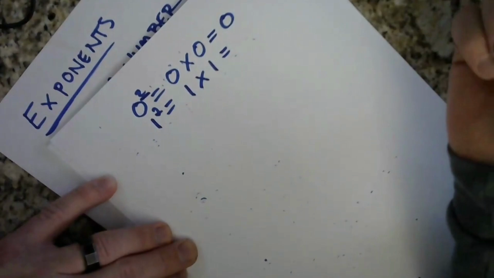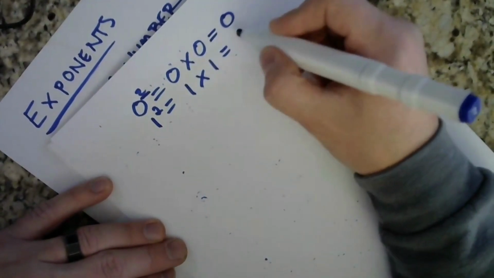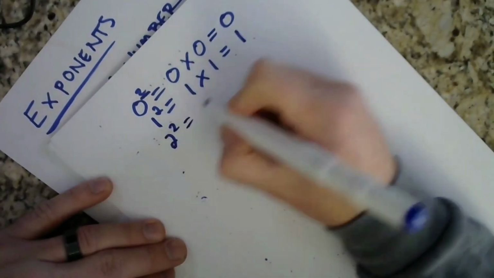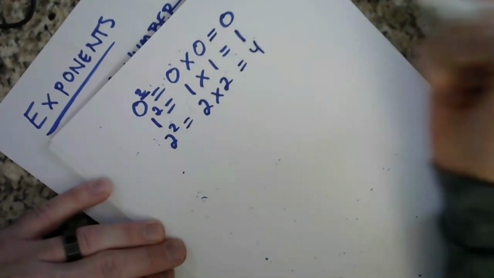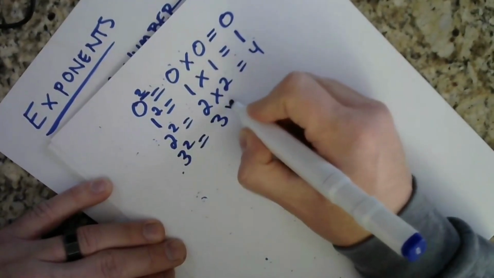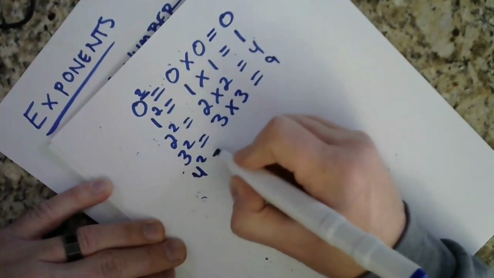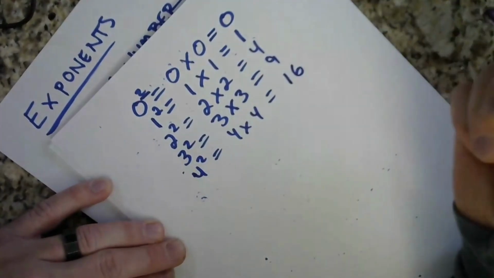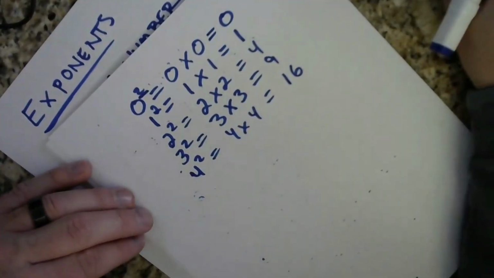Now we know 1 times any number is the same as that other number. So 1 times itself is still just 1. So 2 squared equals 2 times 2, which would be equal to 4. 3 squared, 3 times 3 equals 9. And 4 squared, 4 times 4 equals 16. And it goes on and on all the way through. You kind of get the idea.